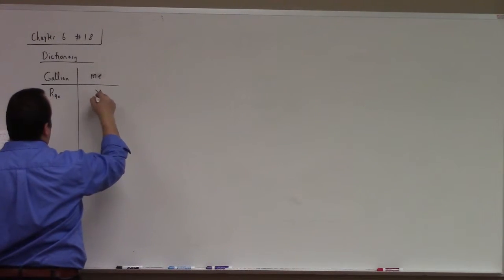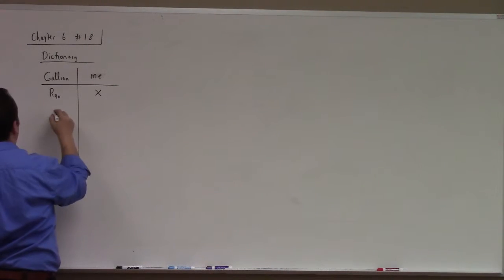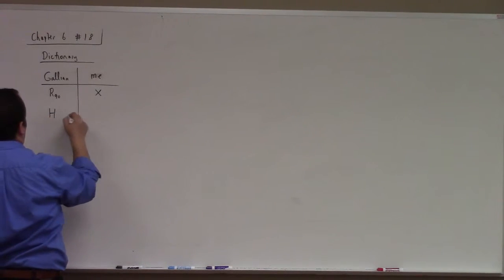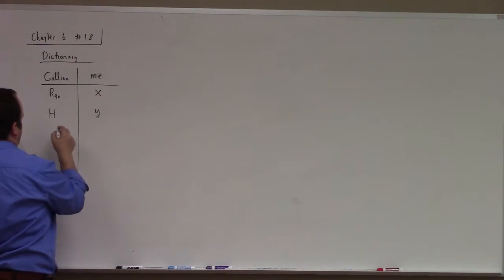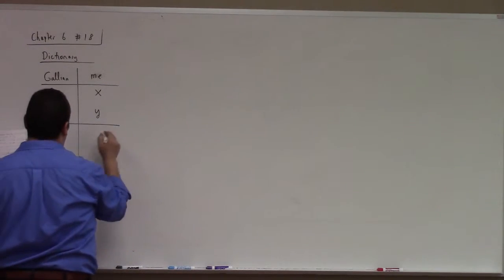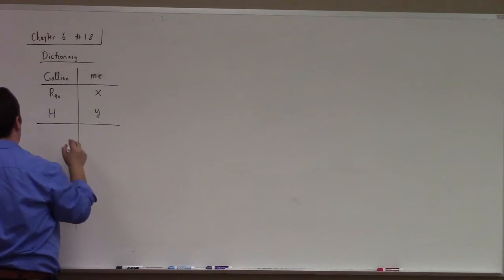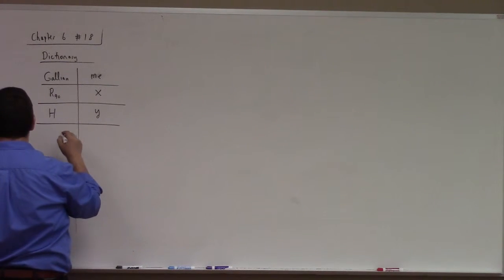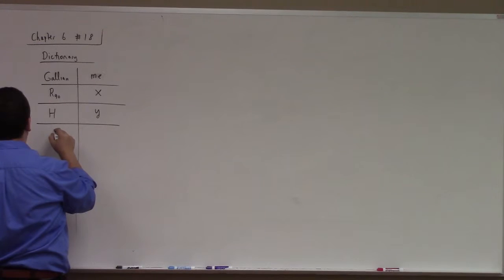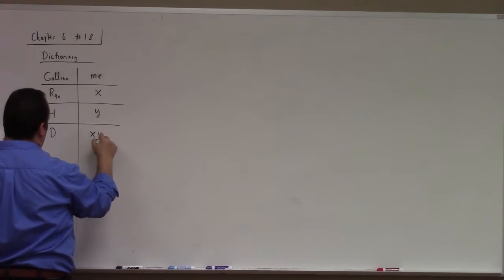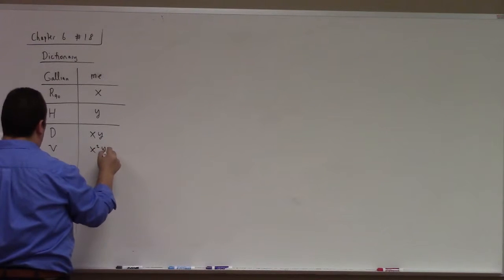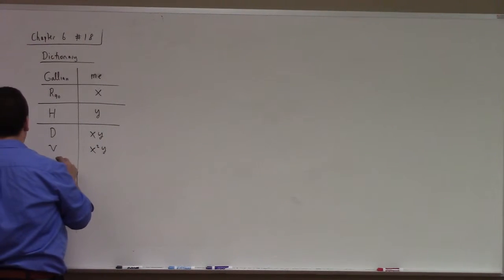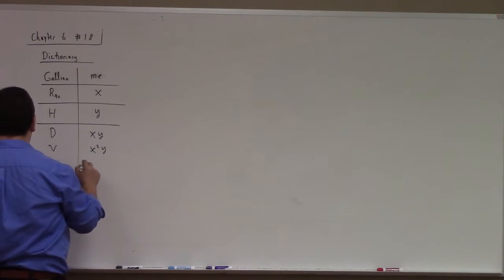I'm going to put x. He's got H. I'm going to call that y. Now this may not be unique, but in continuing down this path, let's see here. D is equal to xy. V is x squared y. This is not the only possible dictionary, I think, but it's one.